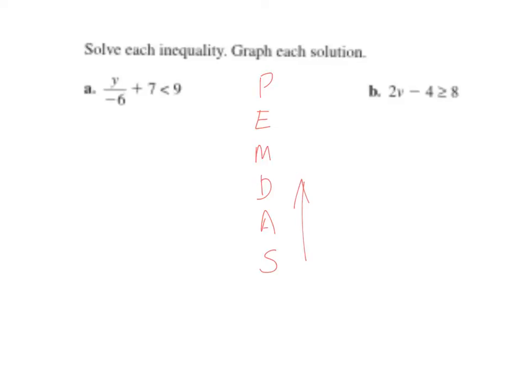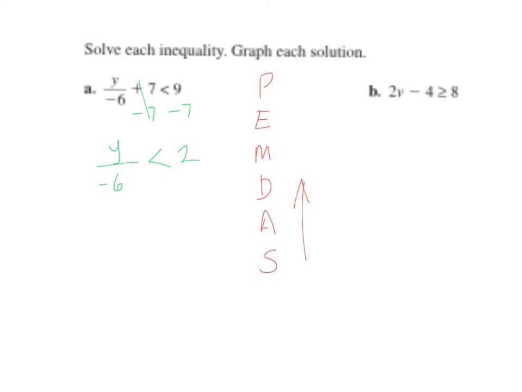If you look at letter A, the addition or subtraction part is plus 7. So we're going to do the inverse of adding 7. The inverse of adding 7 is subtracting 7 from both sides. That gives us y over negative 6 is less than 9 minus 7, which is 2.